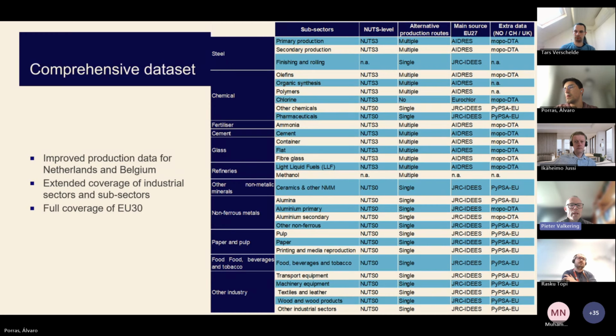On top of that, we have been working a lot on improving the detailed data set for the Netherlands and Belgium in view also of the industry cluster case we do in Mopo.